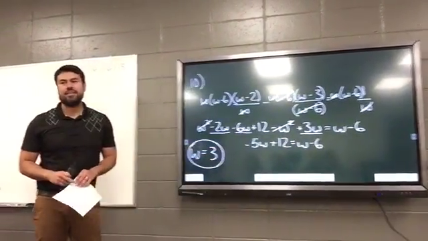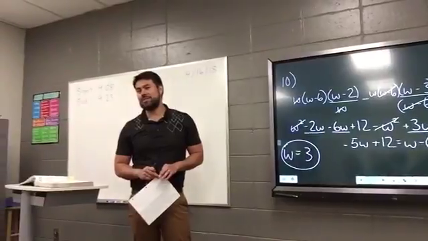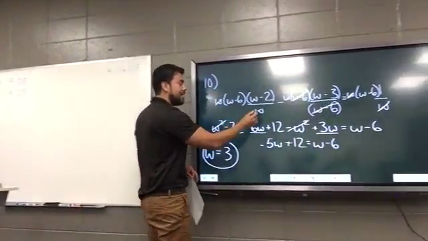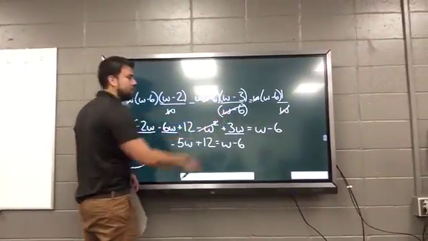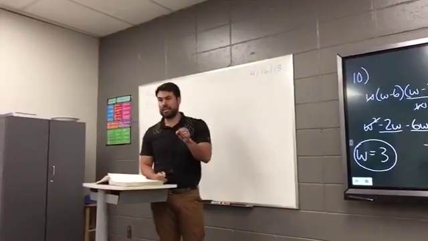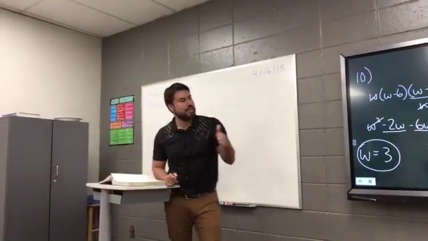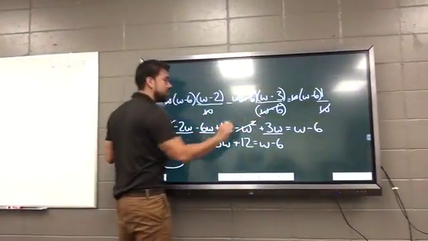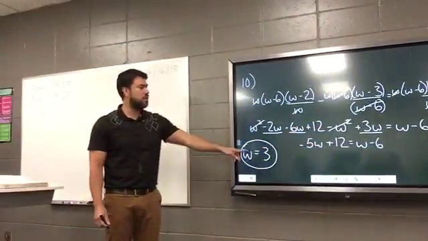But is 3 allowed to be a solution? It could be here, and it could be here as 3. Fine, 3 is the answer. What can W not be? 6 or 0. It can't be 0 and it can't be 6. Those are the no solutions. Thankfully, it's not.